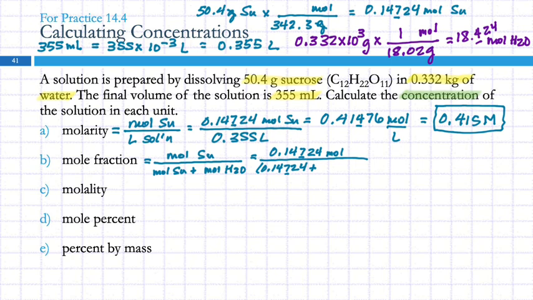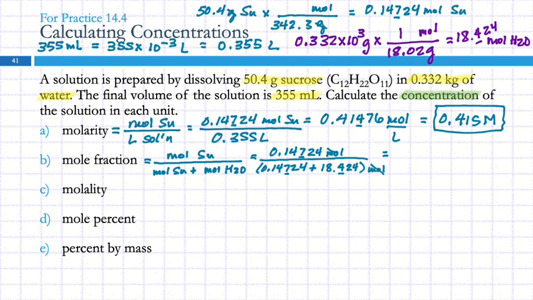So that number is going to come down here, 18.424, and the unit down there will be moles as well. The mole units are going to cancel out. Mole fraction, mass fraction, these are not going to have units.